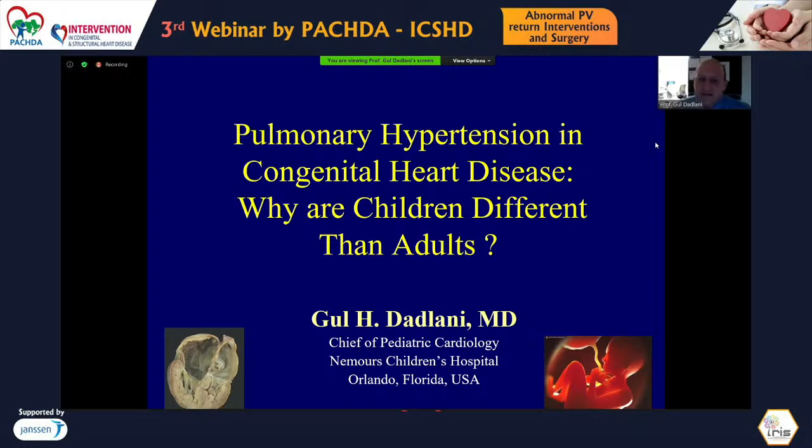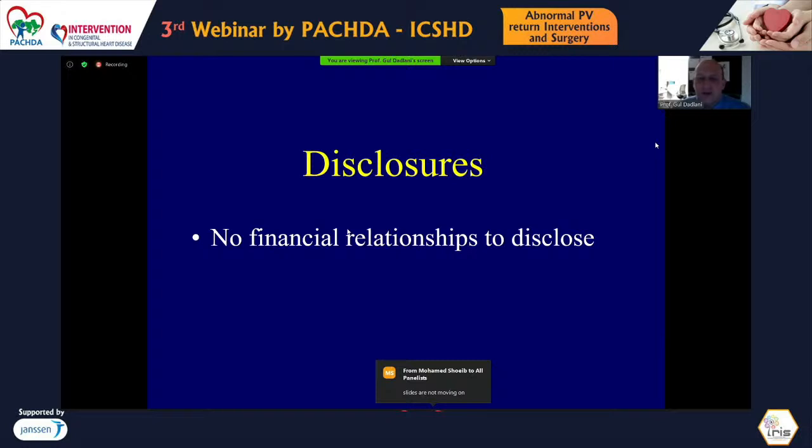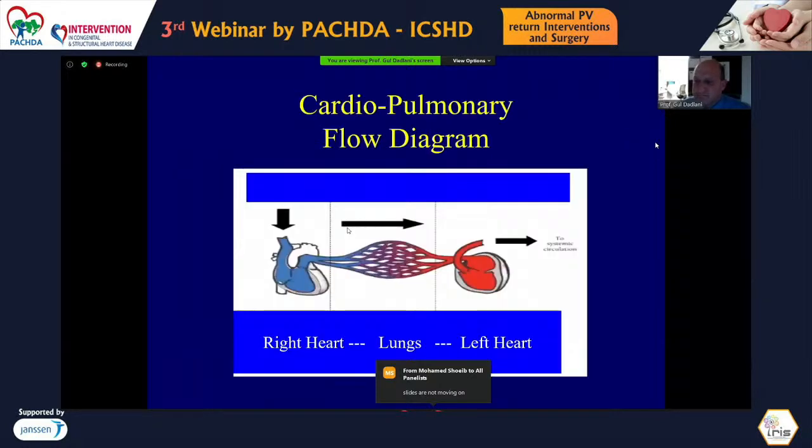For our objectives for the next 15 minutes, we're going to look at the etiologies of pulmonary hypertension, our normal fetal heart and lung development, common symptoms, and then medication therapies for pulmonary hypertension. Now, when we look at our heart and lung in terms of a flow model, we know that the right side of our heart pumps blood to our lung bed.